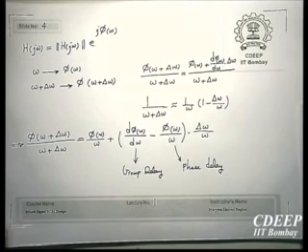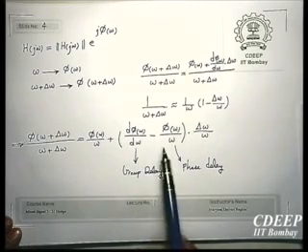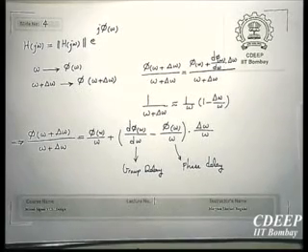So at least we want to make these two close to each other. When you want to design a linear phase, you try to make d phi omega by d omega constant, and to do that, for example, you can make d phi omega by d omega close to phi omega by omega.